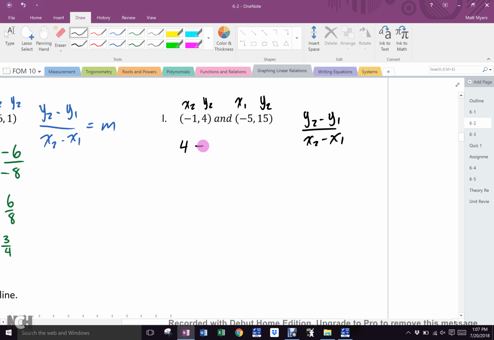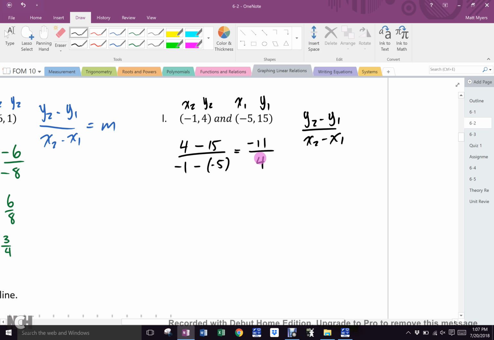4. Minus, what is y1? 15. Over, what is x2? Negative 1. Minus, what is x1? Negative 5. What is 4 minus 15? Negative 11. What is negative 1 minus negative 5?